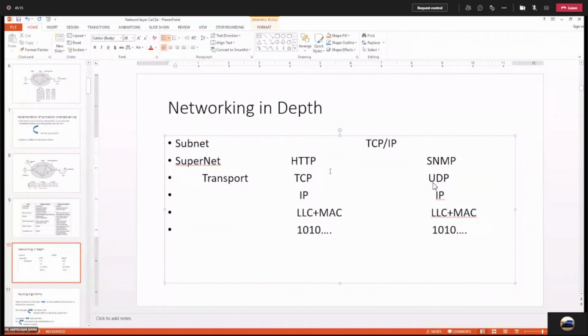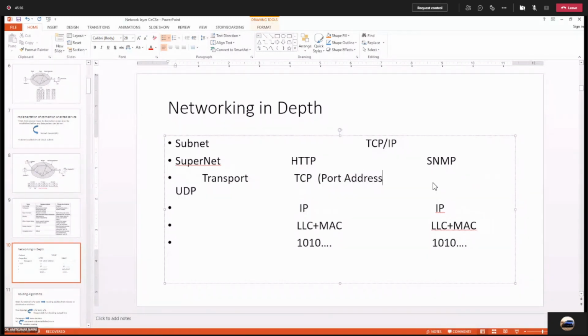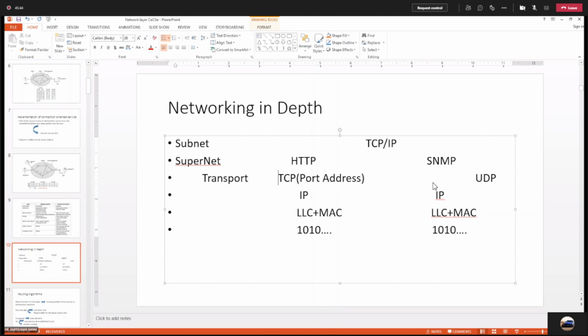Yes, sir. HTTP has to communicate with TCP, and TCP has to communicate with IP. So the communication between HTTP and TCP can be achieved with the help of port address.